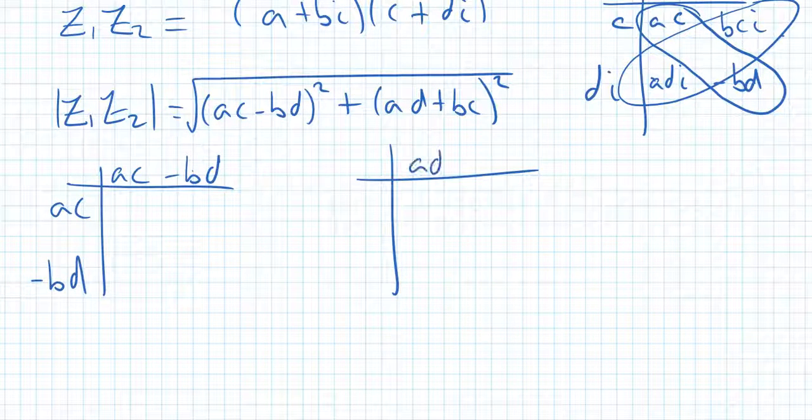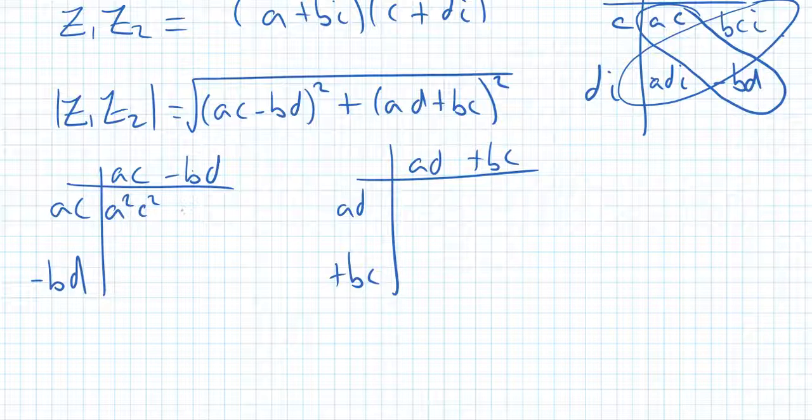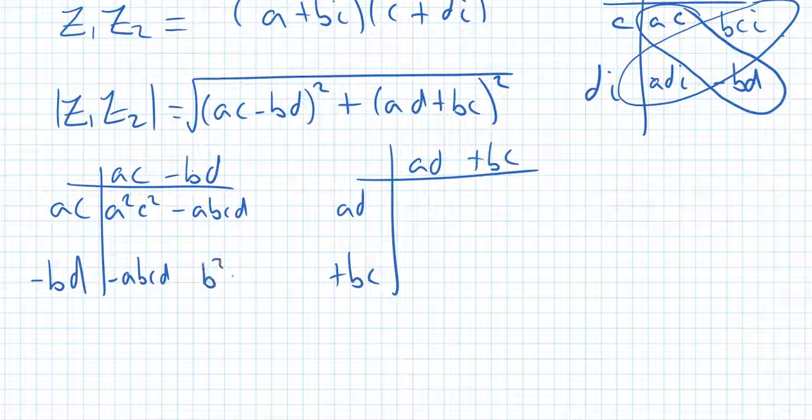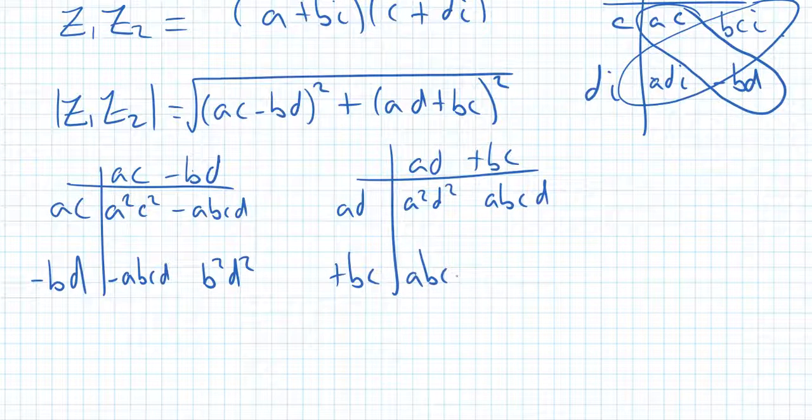Look, AD plus BC, AD plus BC. Okay, so we're going to have a squared c squared. We're going to have a minus abcd, a minus abcd, and then a positive b squared d squared there. On this right-hand side, we're going to have a squared d squared, abcd, abcd, and then b squared c squared.